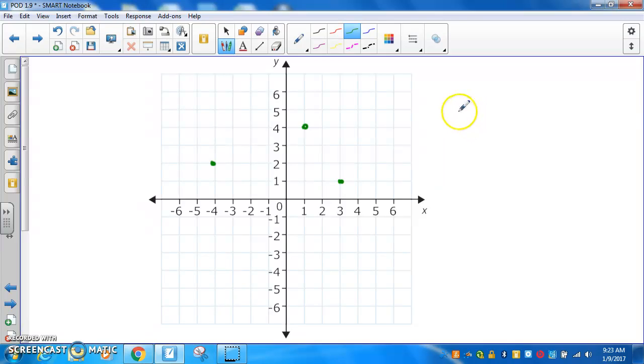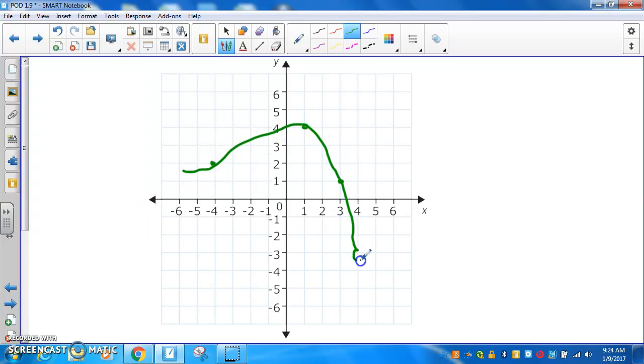We would use indices, and I would say the domain equals 3, 1, and -4, maybe in the correct order, -4, 1, and 3. I could do the range as well. I think it would be 1, 2, and 4, right? However, I can turn this into a curve very simply by just drawing points through them. So drawing my curve through these points.